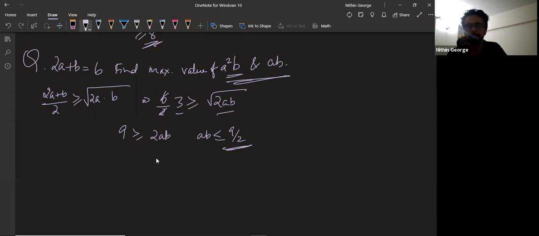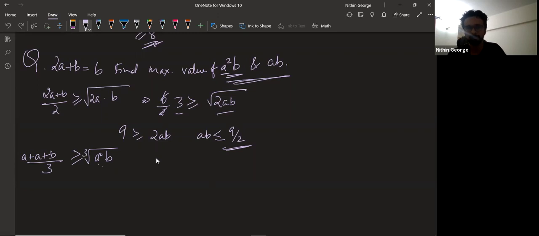How do you find the maximum value of A square B, guys? So A square B is what you want here. So what you do here is you write it as A plus A plus B by 3. Are you following?